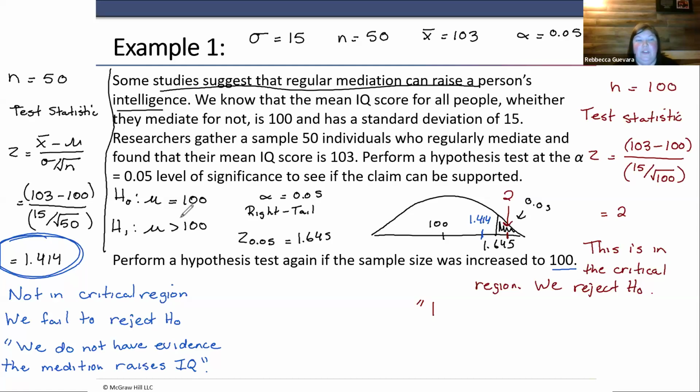So this is claiming that people who meditate have the same IQ as everyone else. And we're saying, nope, that is wrong now. We have evidence. We have evidence that meditation raises IQ.